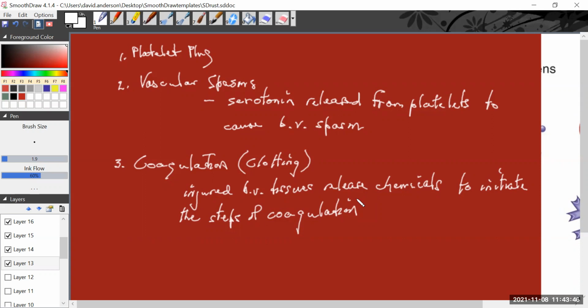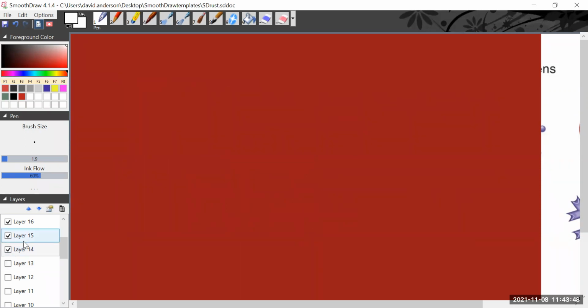So what we're looking for when we look at these steps is to understand a couple of things. So the first thing is injury to the blood vessel lining, which we call the endothelium.